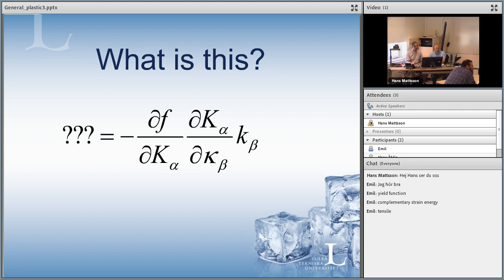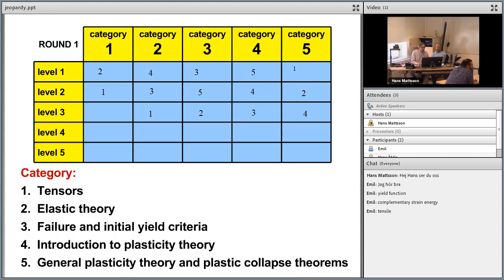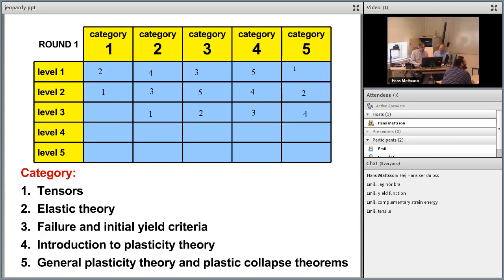Is that your final answer? Okay, it's the plastic modulus, but you can say the hardening modulus also. It's correct. Okay, group number 4 starts taking 2 points here again, catching up, and we go to group number 5.